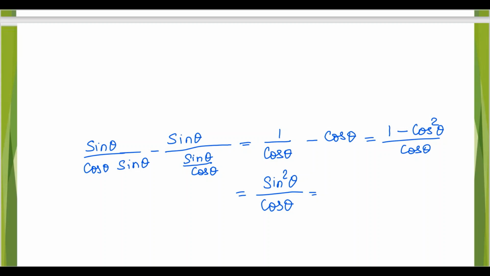From sin squared theta, take one sin theta and combine with cos theta, so this can be written as sin theta divided by cos theta multiplied by sin theta. Sin theta over cos theta is tan theta, multiplied by sin theta. So we got the answer, we proved it.